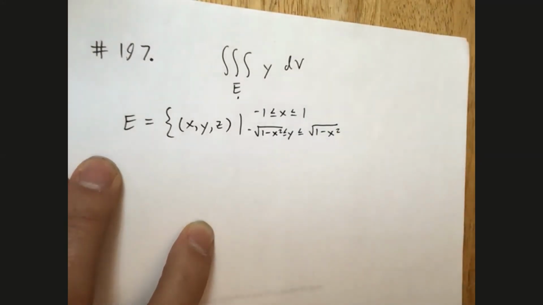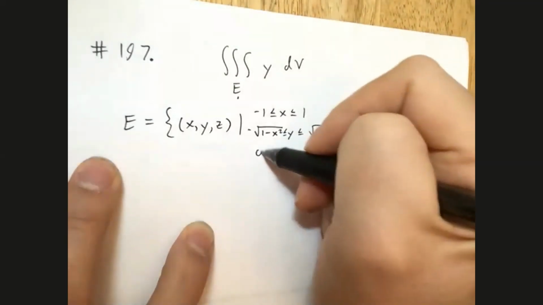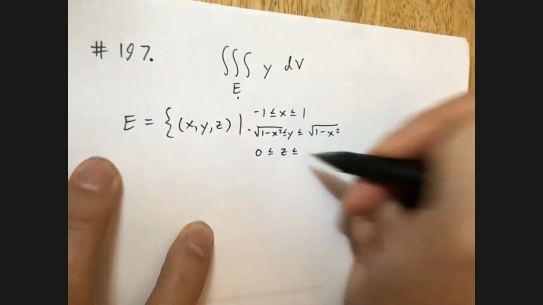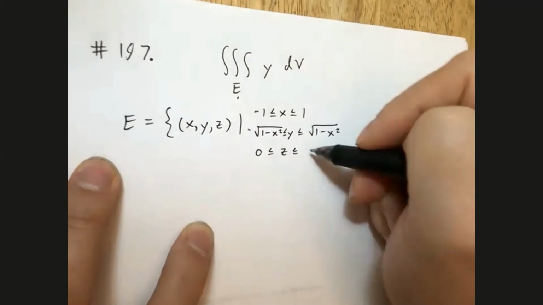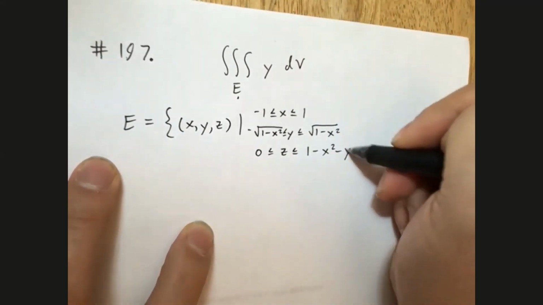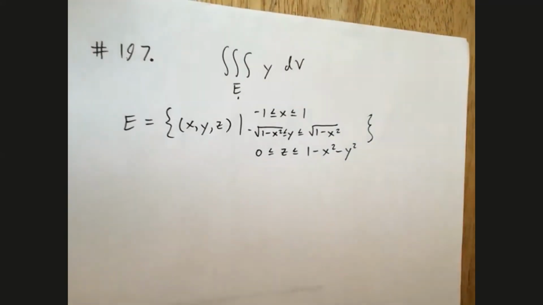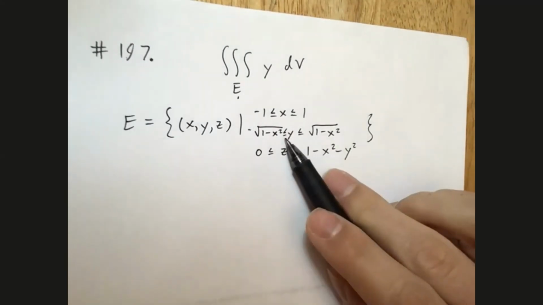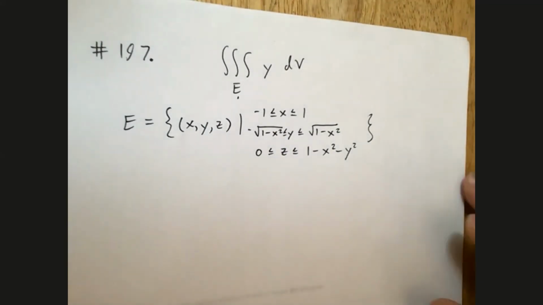And z is between 0 and 1 minus x squared minus y squared. Okay. Sorry, I squeezed things in a little tight there. I was a little sloppy.